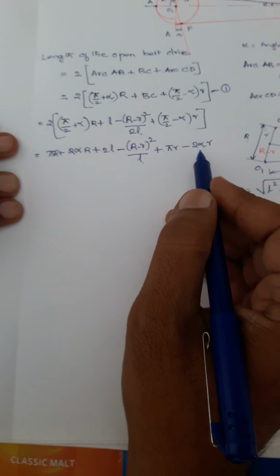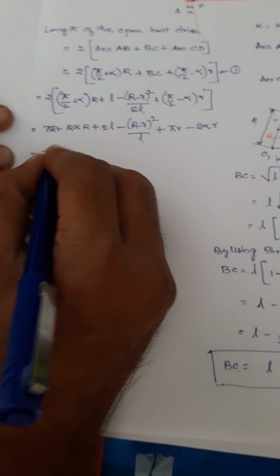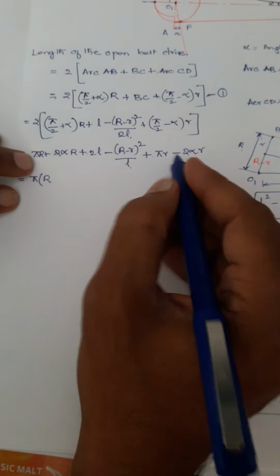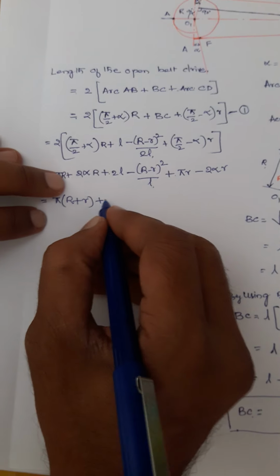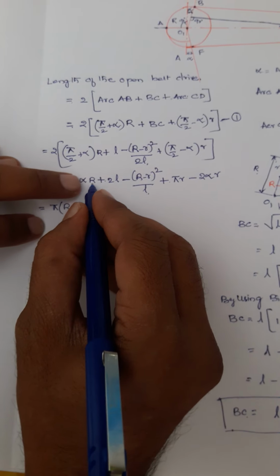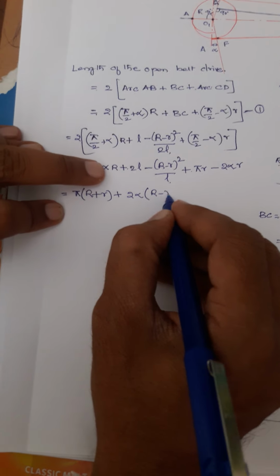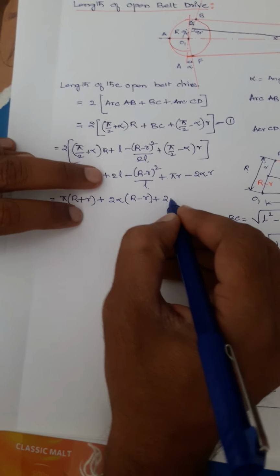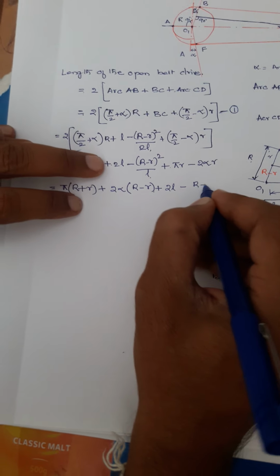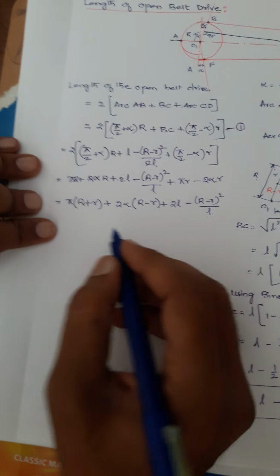Now I will bring the pi R terms to one place and the 2 alpha terms to another place. So that is equal to, taking pi as common, capital R plus small r, plus 2 alpha as common, 2 alpha capital R minus 2 alpha small r, that is capital R minus small r, then plus 2L, and the remaining thing is minus capital R minus small r whole square by L, right?